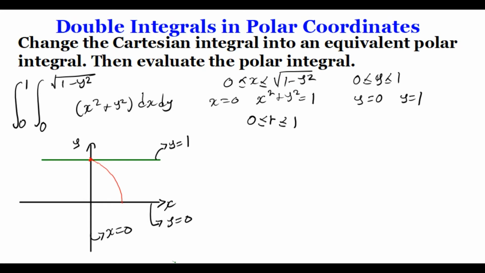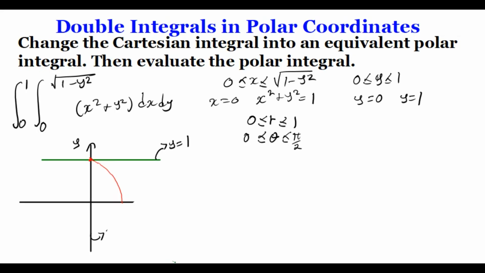So we did that, we got our r, that's the furthest we can go. Then you observe our theta is going to start from 0 here. If you go up here at that point, or if you don't want, you can start it from here. You're going towards this point, which is your pi over 2. So we're going to say our theta is from 0 to pi over 2, which is 90 degrees.